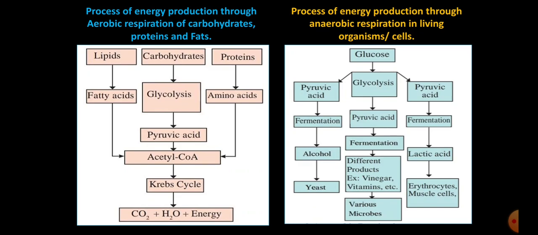And then from the Krebs cycle, through the electron transfer chain or the ETC reactions, carbon dioxide, water and energy are produced. So these are the end products of aerobic respiration of carbohydrates, proteins and fats.